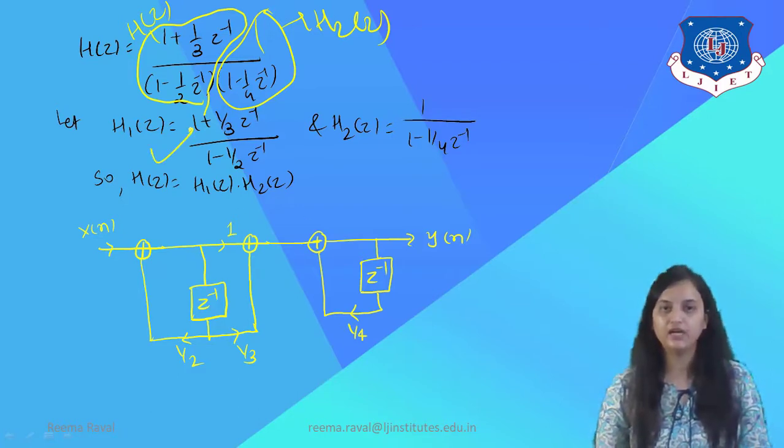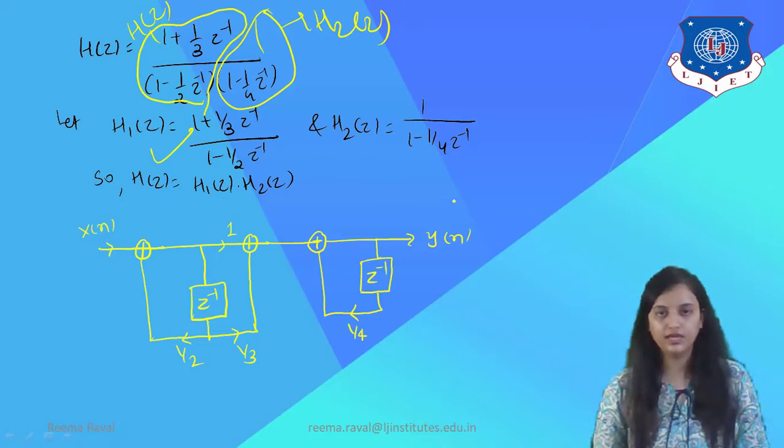So here we have taken H1 of z, which is 1 plus 1 by 3 z inverse divided by 1 minus 1 by 2 z inverse, and H2 of z, 1 upon 1 minus 1 by 4 z inverse. By multiplying these two, we will realize the cascaded structure.